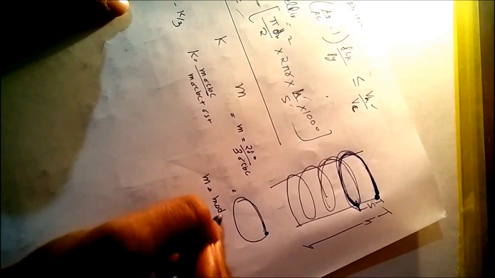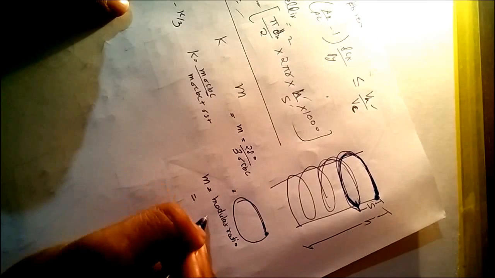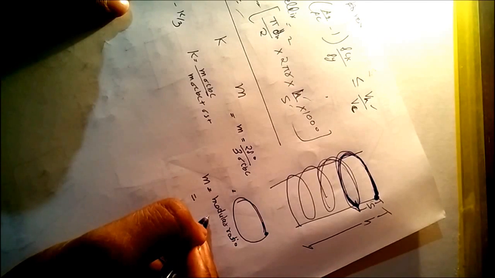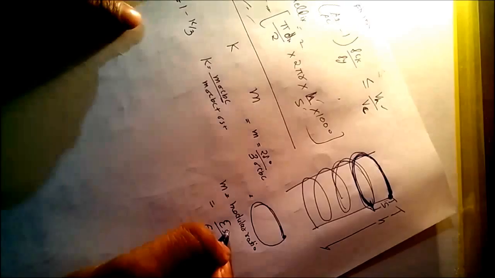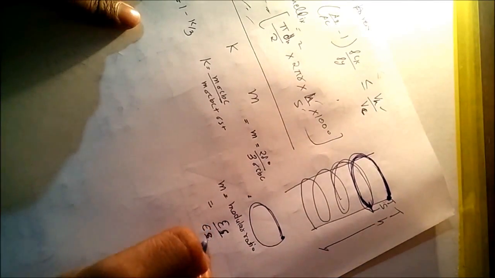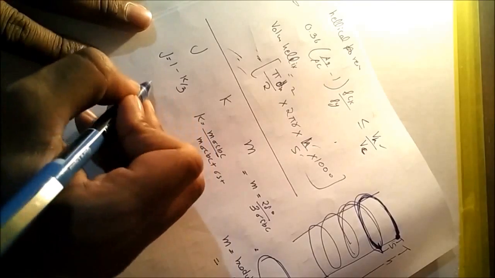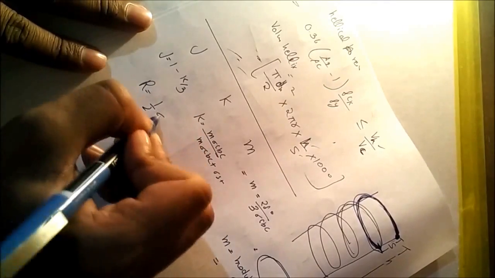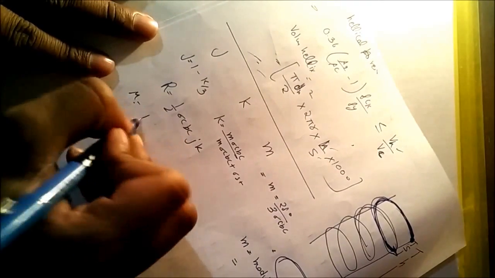M is the modular ratio, equal to Young's modulus of steel upon that of concrete. Once M, J, K are found, then comes your R, half sigma CBC J K. Then bending moment M is equal to R B D square.